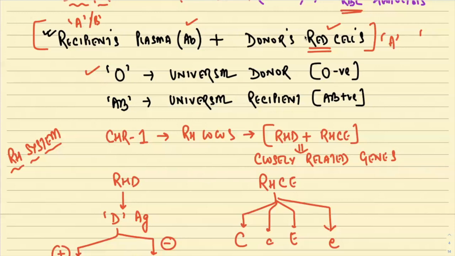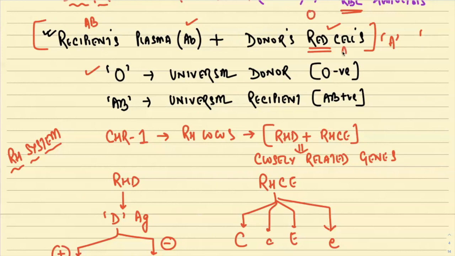Now always remember one thing. You will always argue, sir, for example, the individual is of AB type. If I'm giving blood to an individual who is AB type, in such individuals both A and B antigen are present. Yes or no? Now, the donor's red cell might not contain any antigen, but the donor plasma contains anti-A and anti-B if this is O and this is AB.